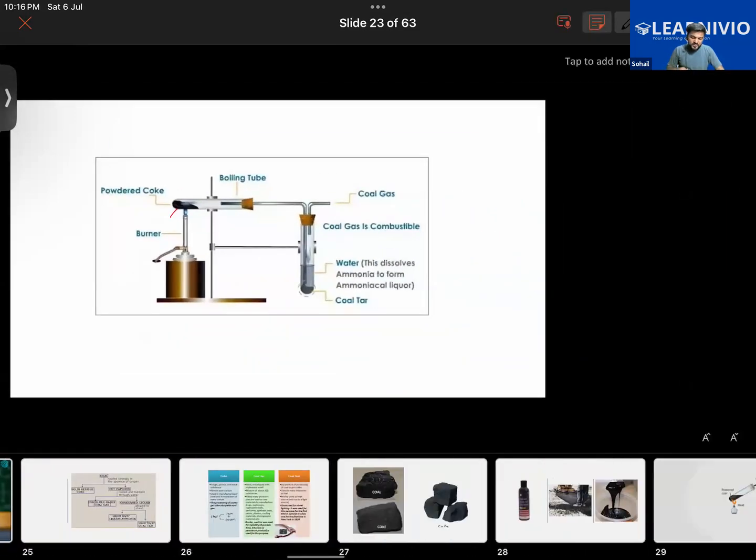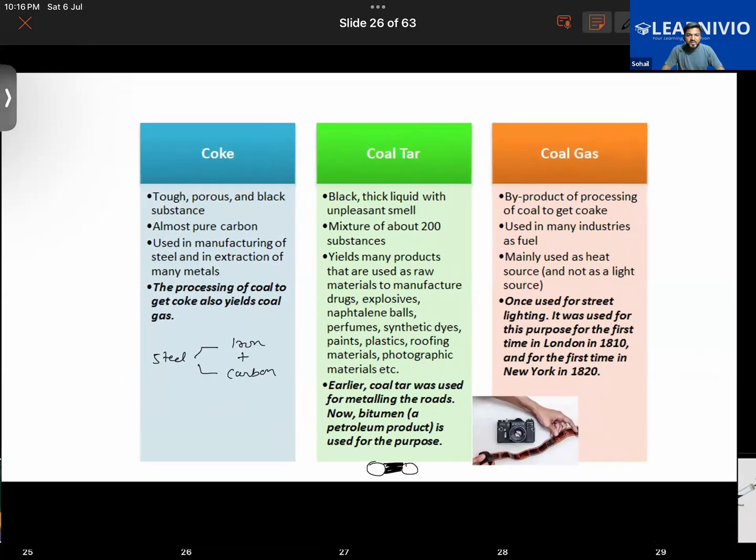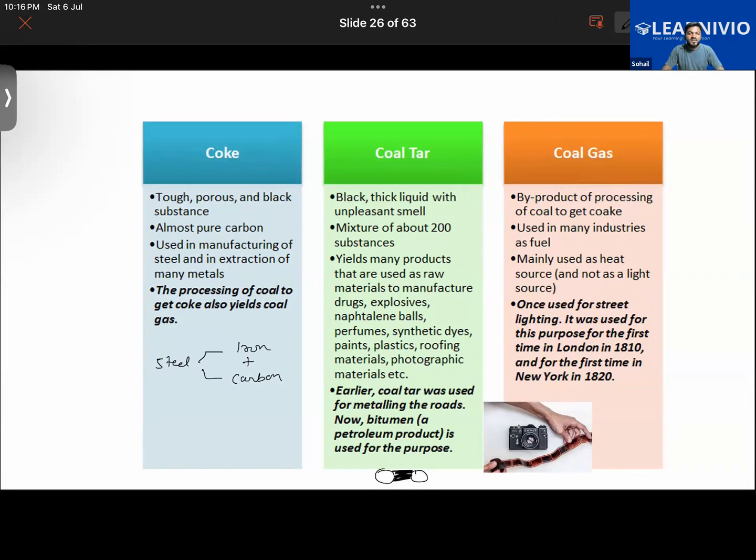Let us learn about its properties and uses. So coal gas, earlier, was used for street lighting. In London it was used for the purpose of street lighting for the first time in the year 1810, and then in New York in the year 1820. At that time this coal gas was used for lighting the street lamps. But nowadays we mainly use it to obtain heat and not as a light source.